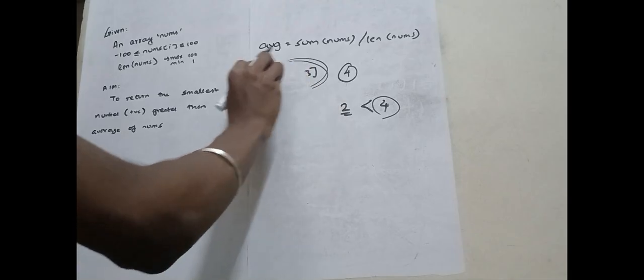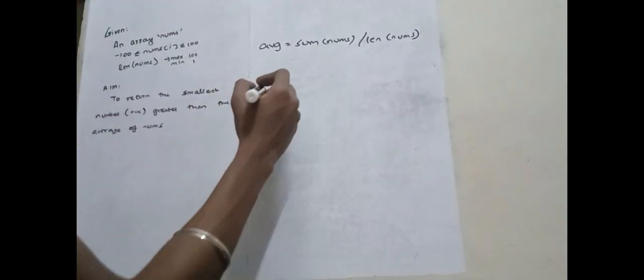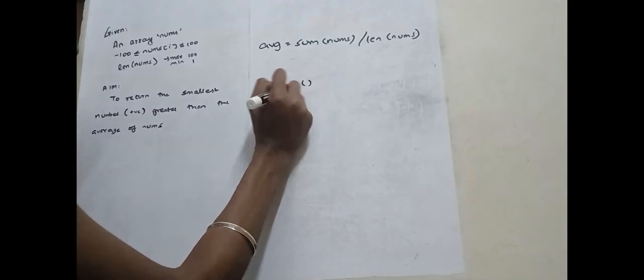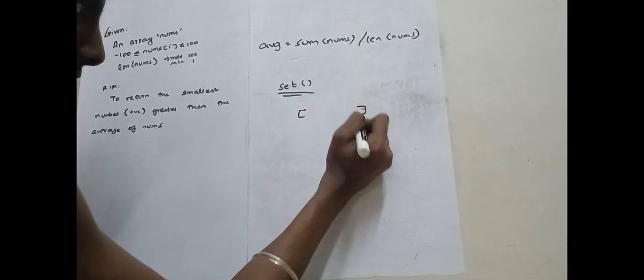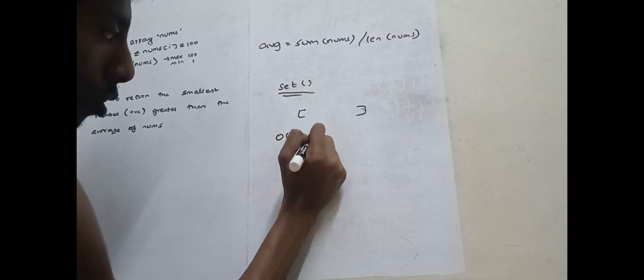But how do we optimize this? The optimized approach is very much similar. This is for beginners: there's something called a set. This is a data structure. Basically, it stores all your elements and it gives you O(1) lookups. What is O(1) lookup? This comes under time complexity.